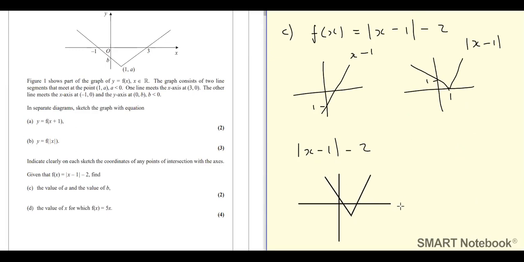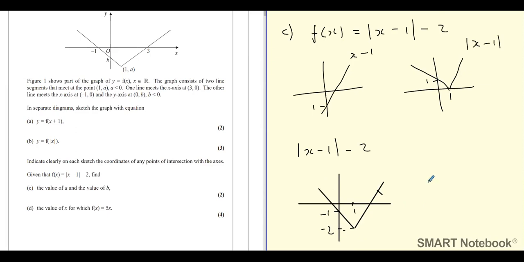Oops, I've not drawn that right, have I? Something that looks like that maybe. Now this point was 1, but if it shifted down by 2, this is going to be minus 2. If this was positive 1 up here and it shifted down by 2, this is going to become minus 1.